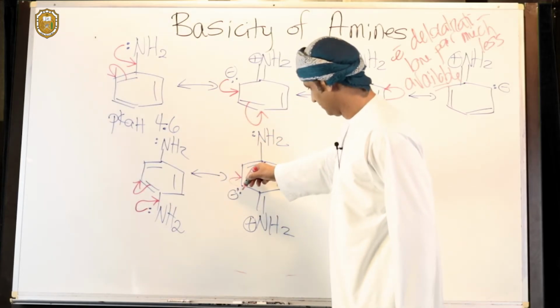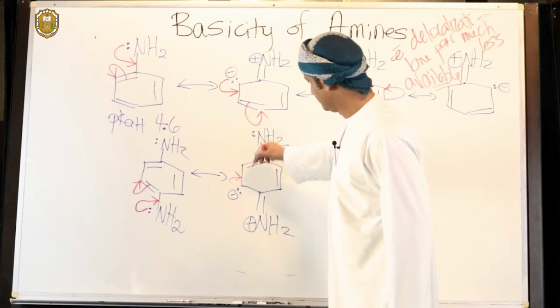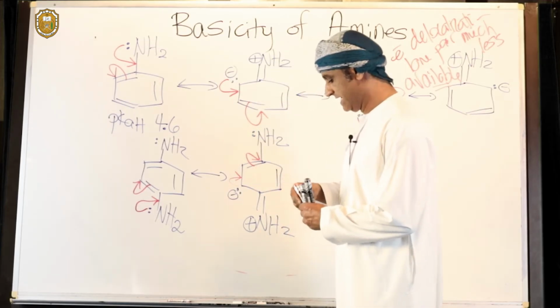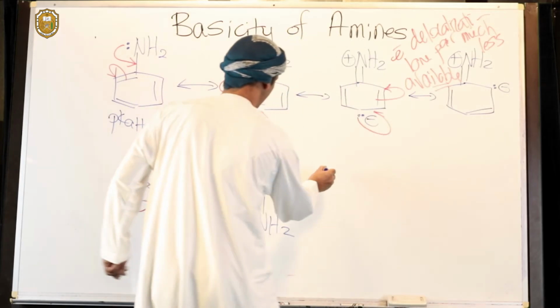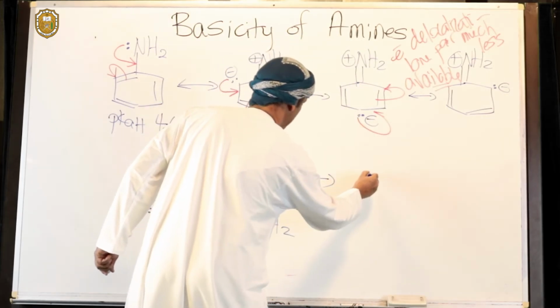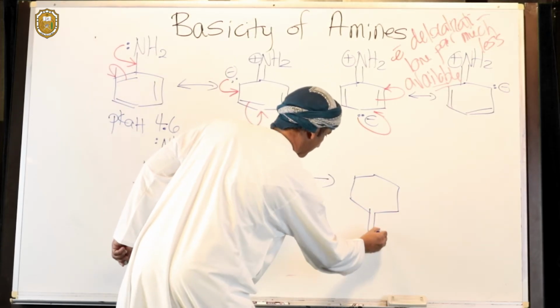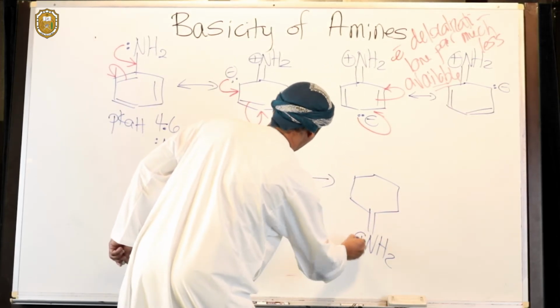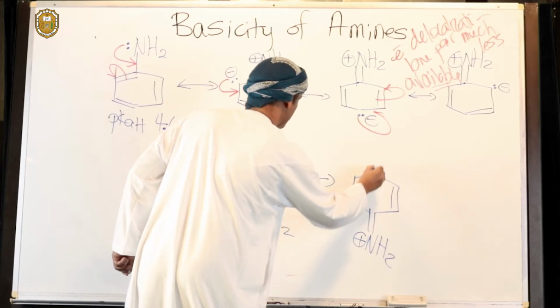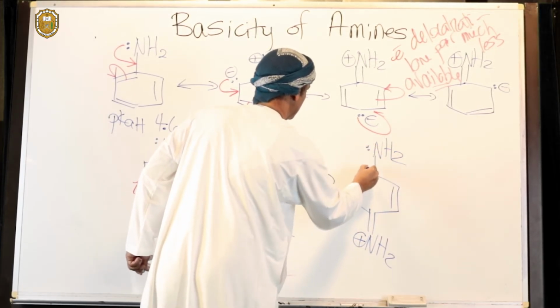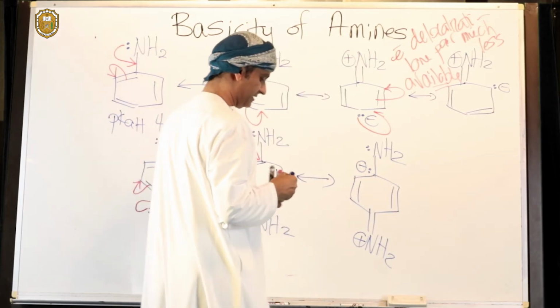And if we take that lone pair, we make a double bond here, and of course this carbon-carbon double bond must be broken, releasing electrons on the carbon that's bonded to the amino group in aniline. So this is what we get.